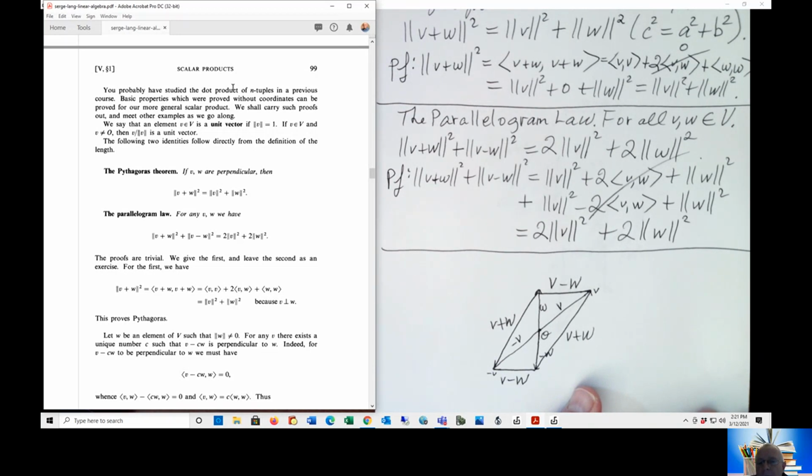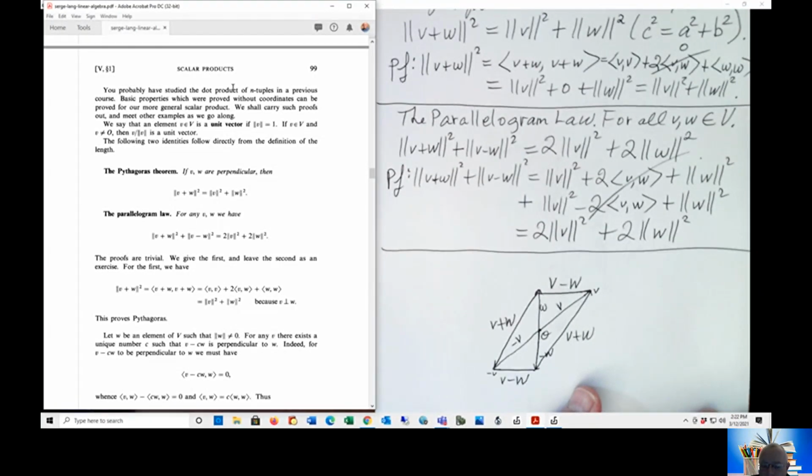So the parallelogram law tells us that the sum of the squares of the norms of the sides, v plus w and v minus w, is equal to twice the norm squared of v plus twice the norm squared of w.